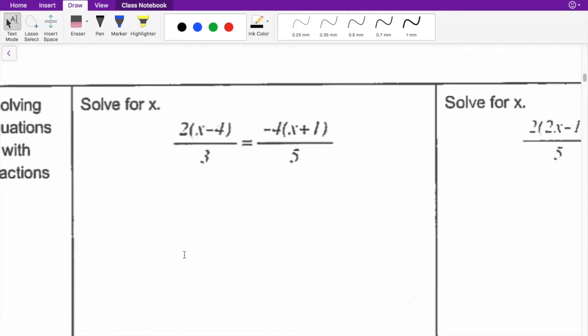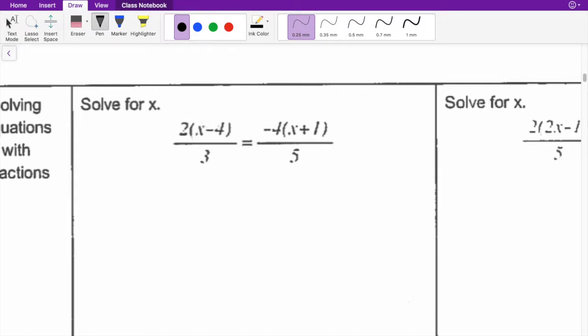All right, so let's go down to the next question. Now we have to solve for the variable here. So, 2 bracket x minus 4 over 3 equals negative 4 bracket x plus 2 over 5. So first thing I'd like to do is get rid of these denominators, right?